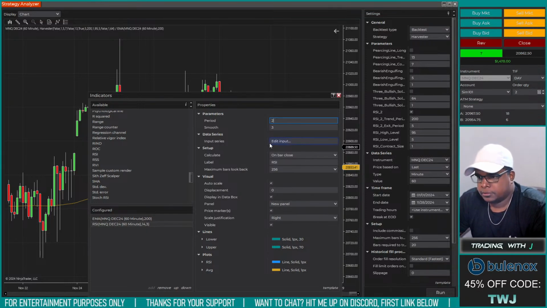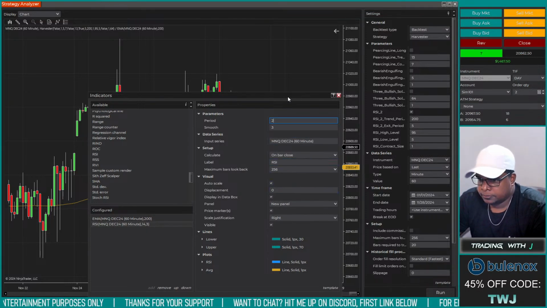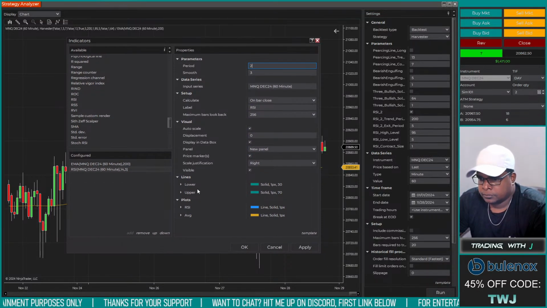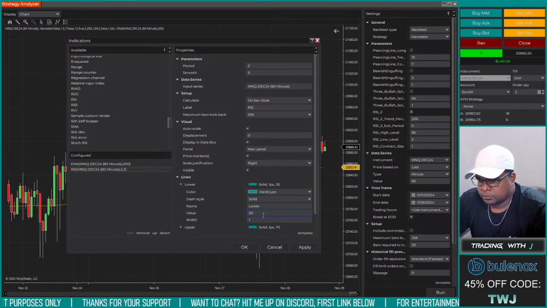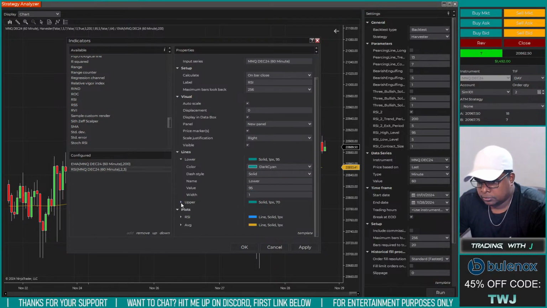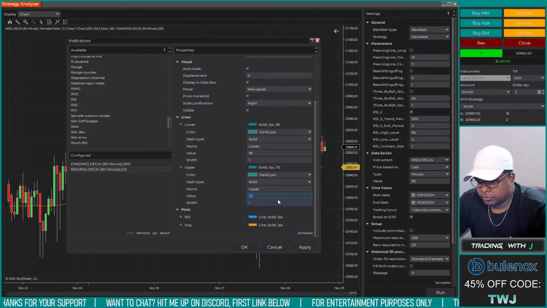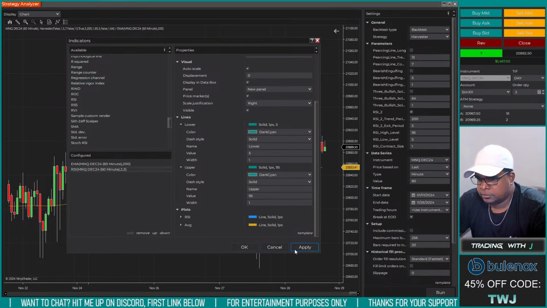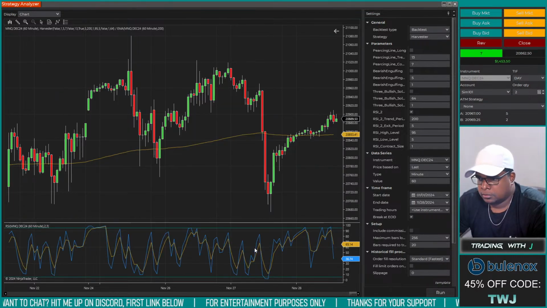Say 2. Upper level is 95. Lower level is, the lower level is 5. No, 95. Okay.